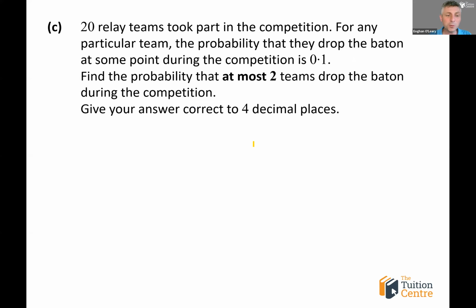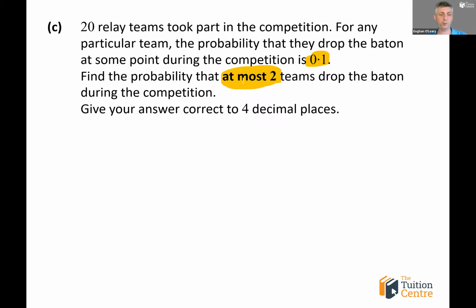Okay, we see the at most here again. 20 relay teams took part in the competition. For any particular team, the probability that they drop the baton at some point is low, 0.1. Find the probability that at most 2 teams drop the baton during the competition and give your answer correct to 4 decimal places. So we'll look at the simplest way.